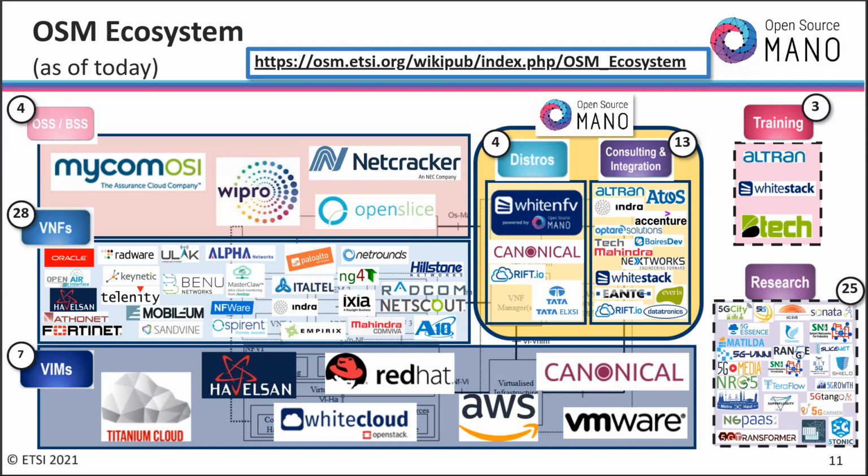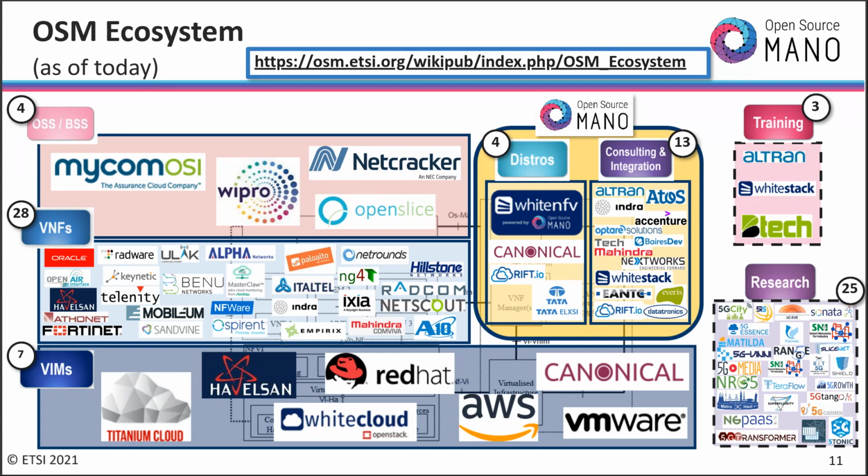Regarding the OSM ecosystem, as I said, this is just the tip of the iceberg, but it keeps growing in different areas. In the OSM and DSS area, which is a really new one, we are happy that we already have a large number of DNS, and this is the tip of the iceberg because there are more DNS in OSM.